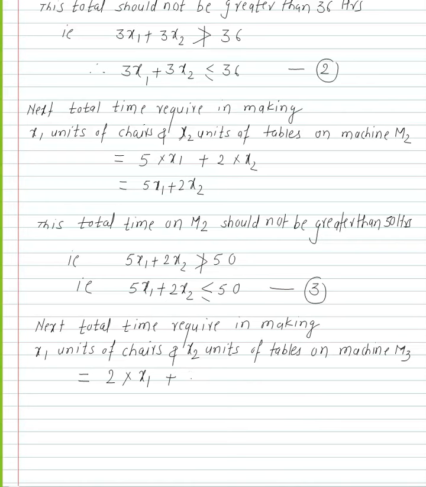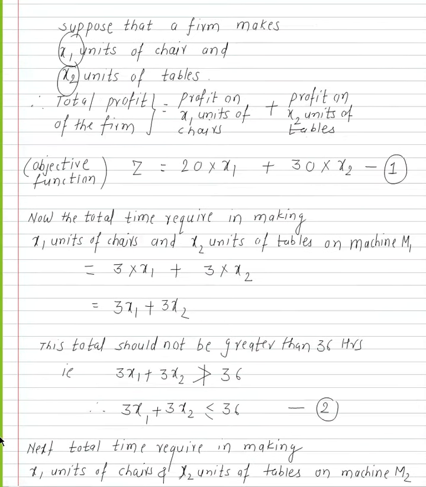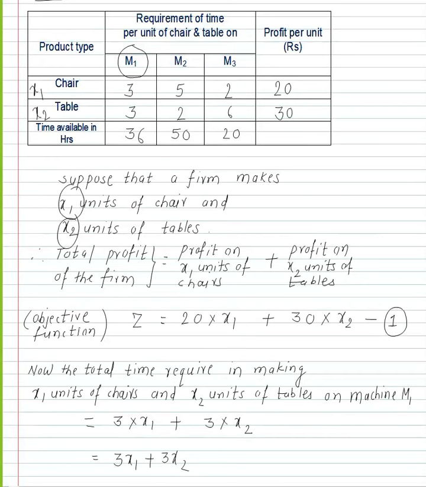One unit of table requires 6 hours on machine M3, so x2 units of tables will require 6 into x2 hours on machine M3. So total time required on machine M3 is 2x1 plus 6x2. Now total time available on machine M3 is 20 hours.